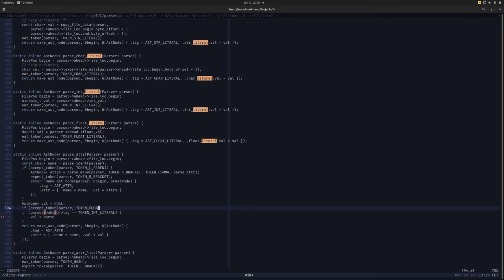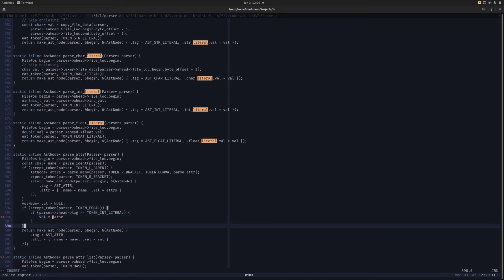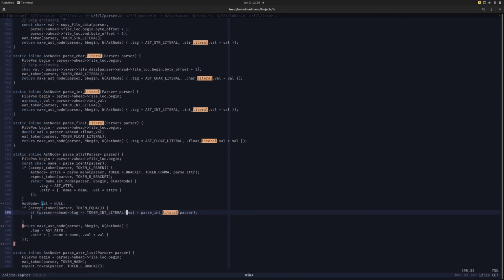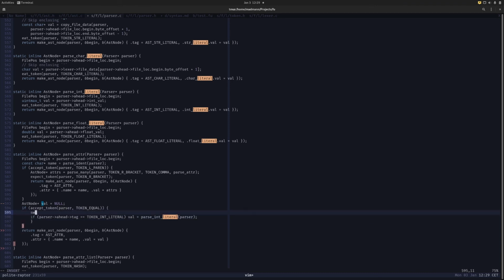Yeah, you need to see the equal sign before. Then if I see the equal sign, and if I see that the next thing is an integer literal, then I can say, well, the value is the integer literal, simply. I can even do something like this. Switch parser ahead tag.